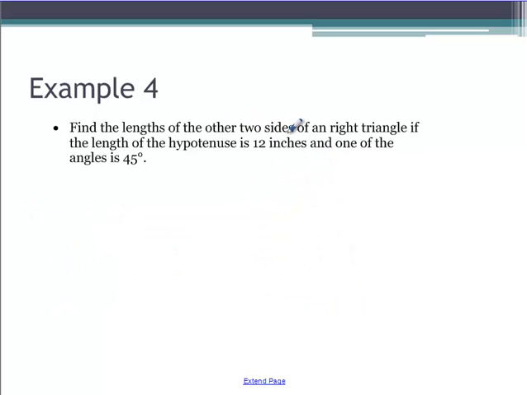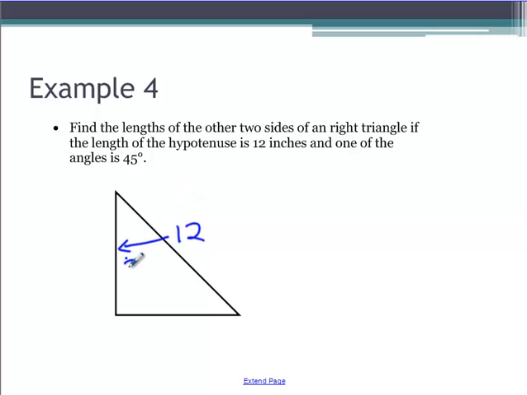Find the length of the other two sides of a right triangle if the length of the hypotenuse is 12. Now since it's an isosceles right triangle, because one of the angles is 45, that means the other one's 45 also, and this is 12, we could divide by square root of 2 to get to there, or Pythagorean theorem, because both of these are x, or we could do 1 over leg equals square root of 2 over hypotenuse, which is 12.